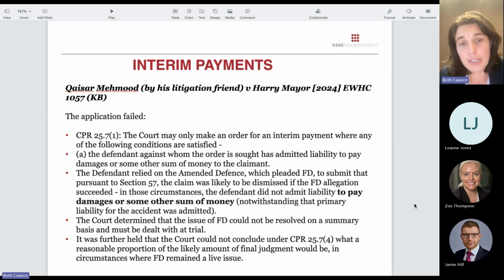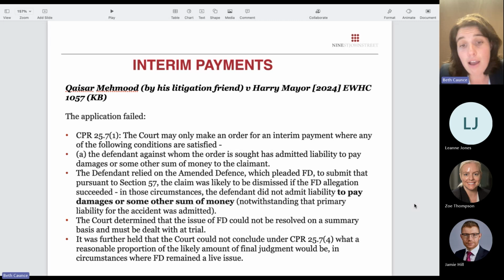Well, in response to the application, the defendant relied on the amended defence, which pleaded FD, to submit that if that FD allegation succeeded, then the claim in all likelihood would be dismissed. And the defendant therefore wasn't admitting at all any liability to pay damages, notwithstanding that primary liability for the accident had been admitted. The court was asked to consider whether the issue of FD could be resolved on a summary basis. It could not, so that was a matter for trial.